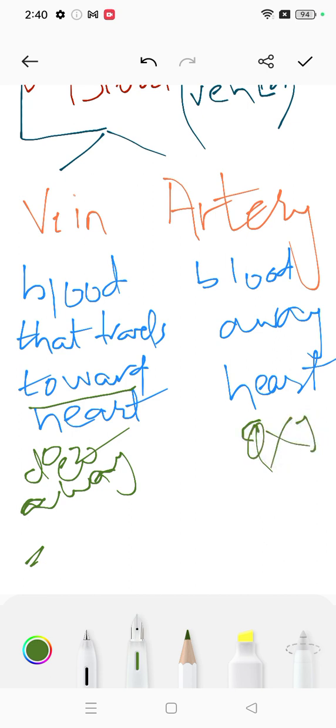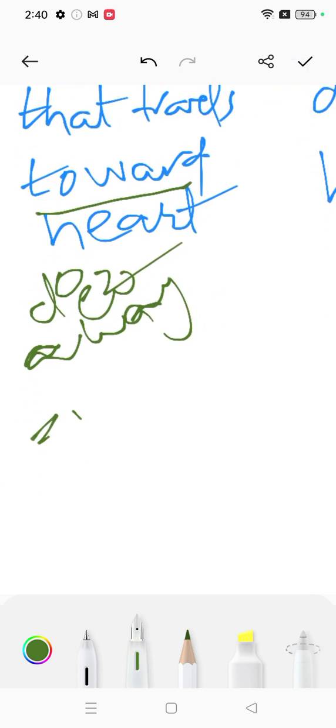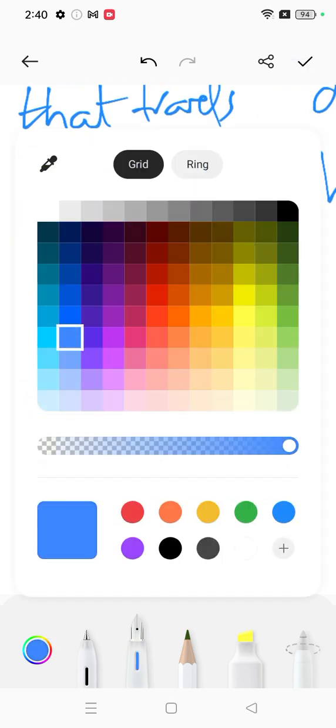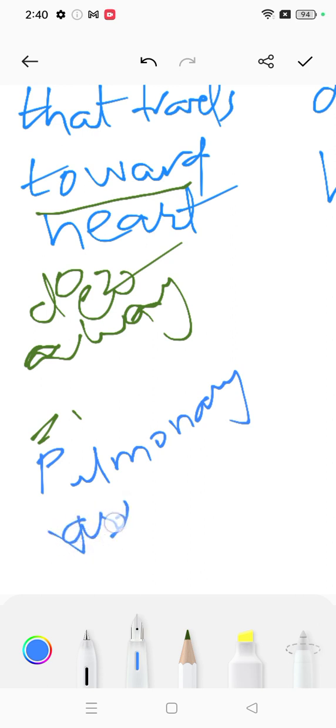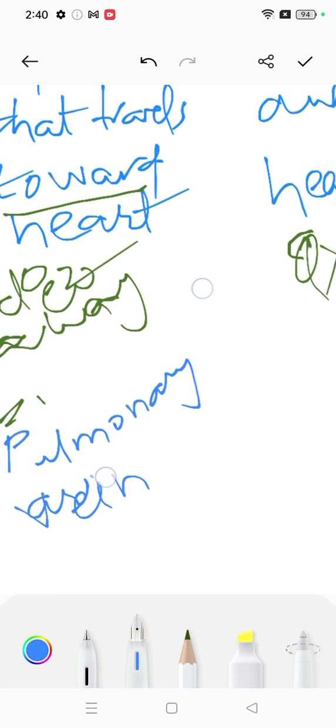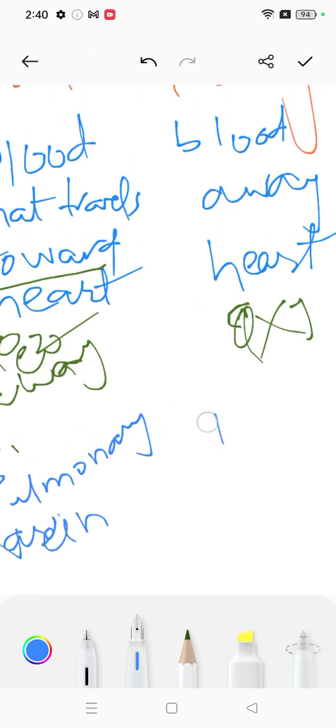But there would be one exceptional case where you will find another thing, which would be the pulmonary artery and pulmonary vein.